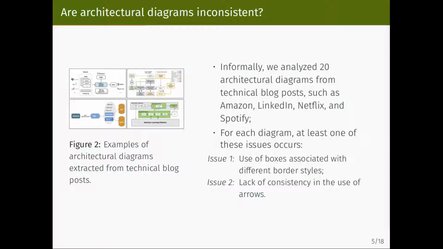They use boxes associated with different border styles, often without any subtitles or with an incomplete subtitle. 2. There is a lack of consistency in the use of arrows in relation to direction, line style, and color.